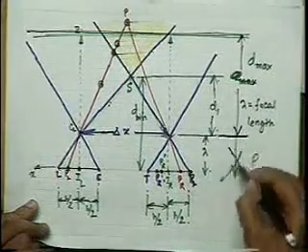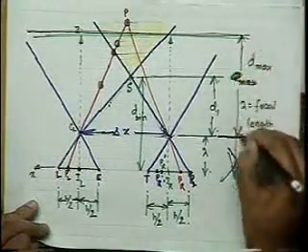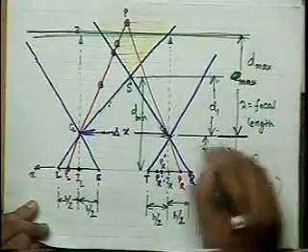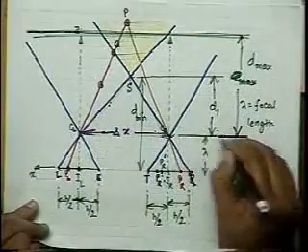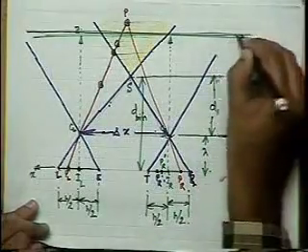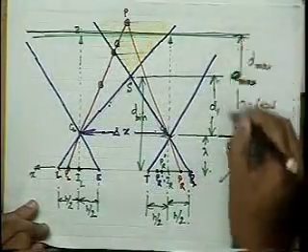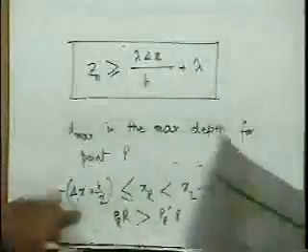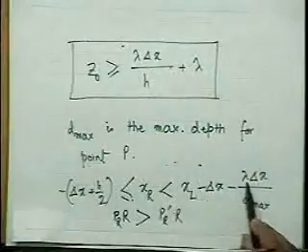So this is not correct. I should have this distance as d max. This is CL, this is CR. So from this line to this line is my d max. Only then the expression which we had shown will be correct.